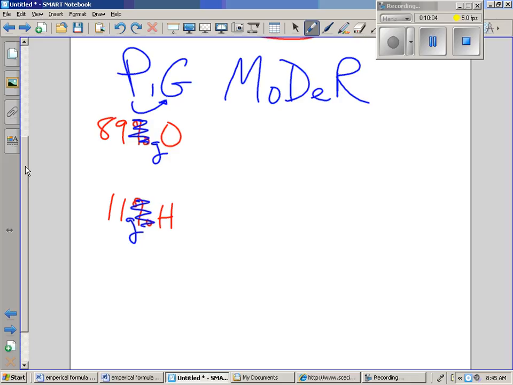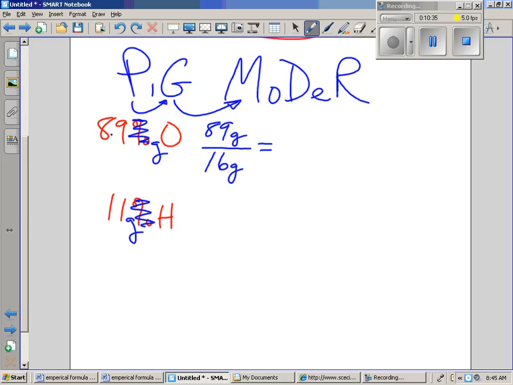Now, we just wrapped up a whole section on moles. We have to go from grams to moles. To go from grams to moles, you're going to be dividing by its weight on the periodic table. Oxygen has 89 grams. That's what we just said. And oxygen weighs 16 on the periodic table. So you divide that and you get moles.